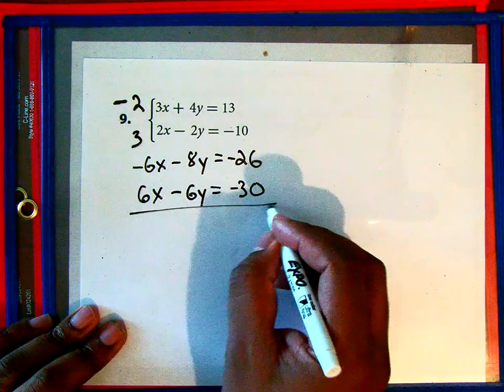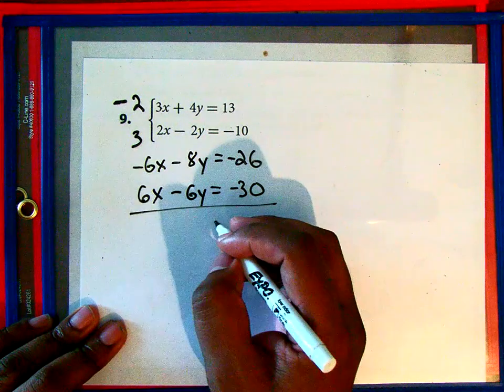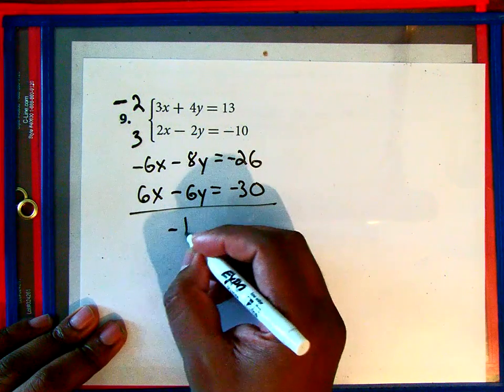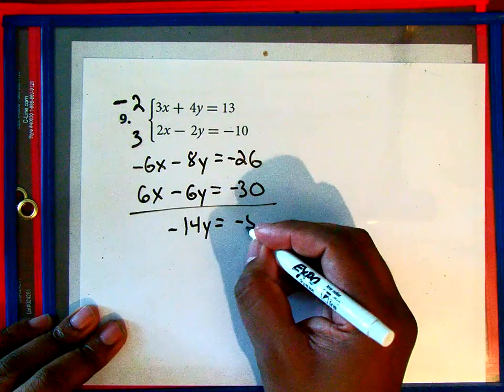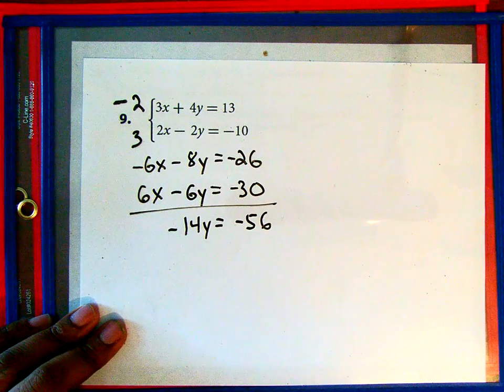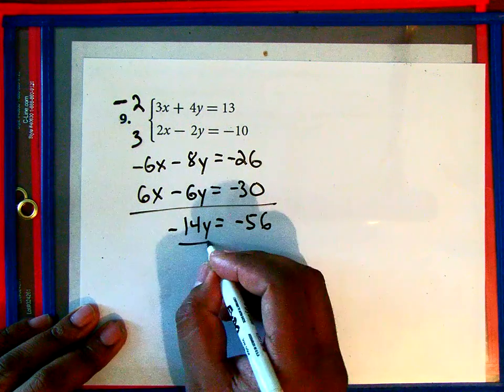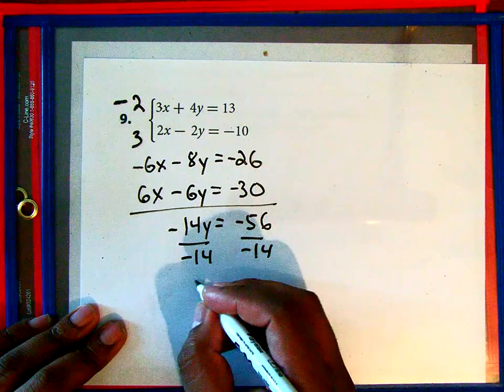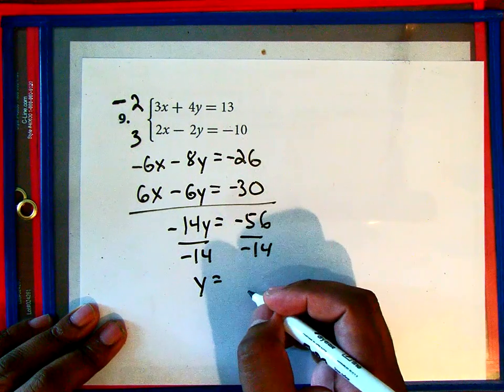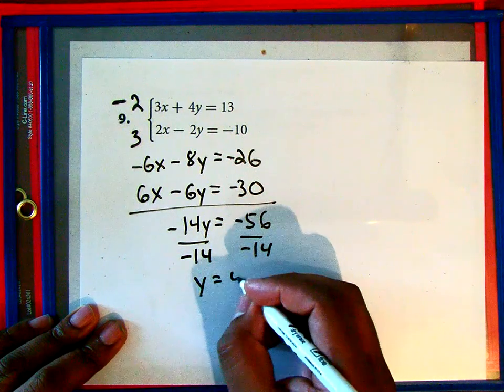Now I'm going to add my equations here. The x's cancel out. Here I get negative 14y is equal to negative 56. Now I'm going to divide by negative 14, and y is equal to 4.